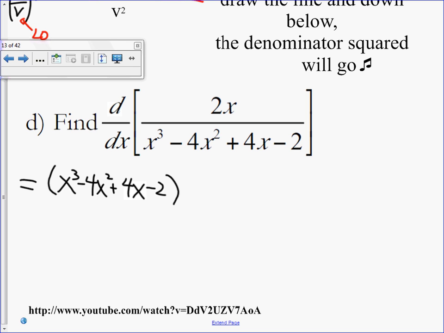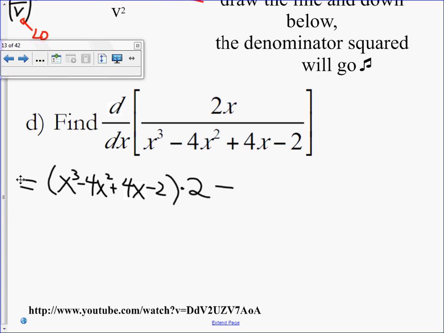What should we write for d high? 2, right? D high means derivative of the numerator, so times 2. So we have low d high. What next? Less. So write down a minus, right? Low d high less high.